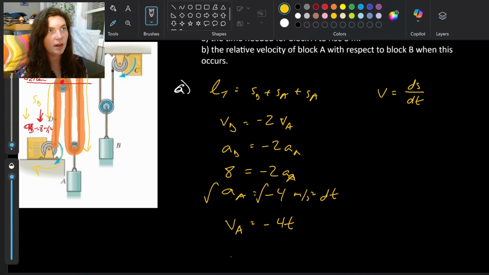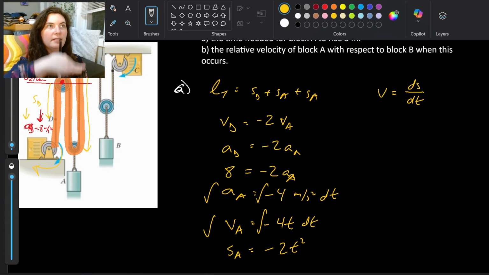And I can integrate again to get a position. If I integrate this again, I can get the position of A equals negative 2t squared. Now I can find that lift, right? I went from a position of 0 to a position of negative 3, so I'm going in the opposite direction of my coordinate system.